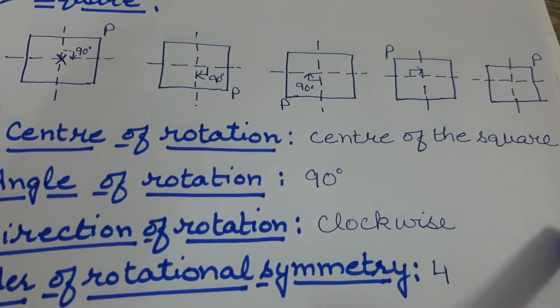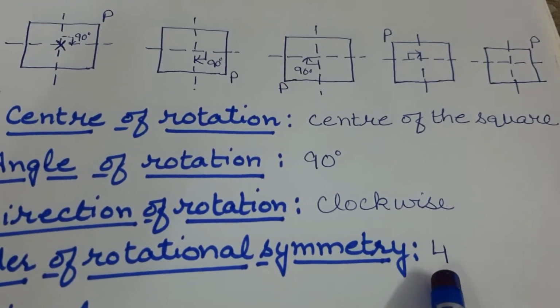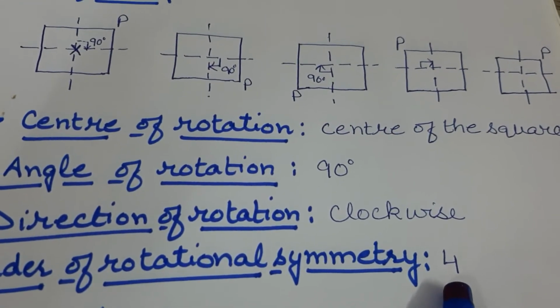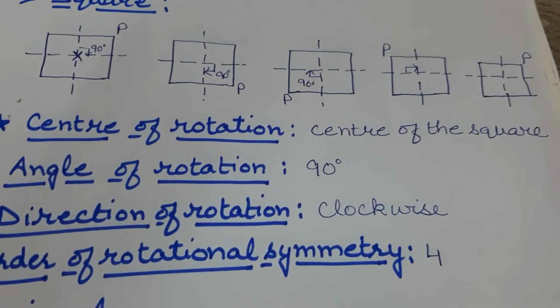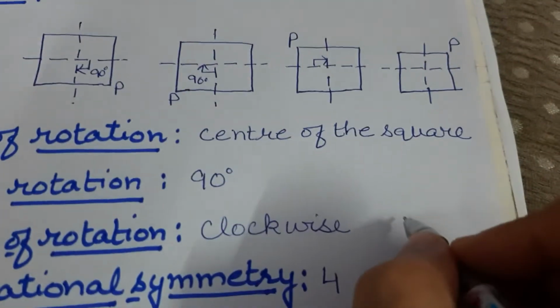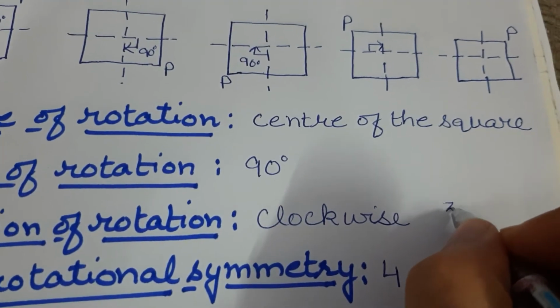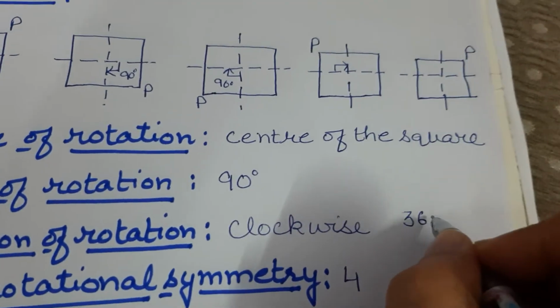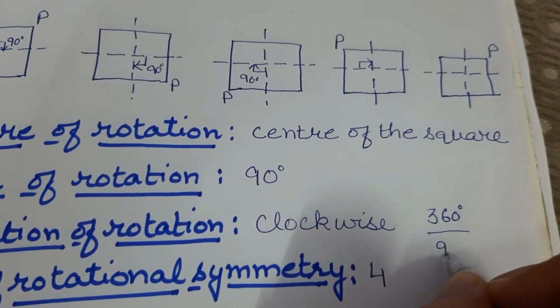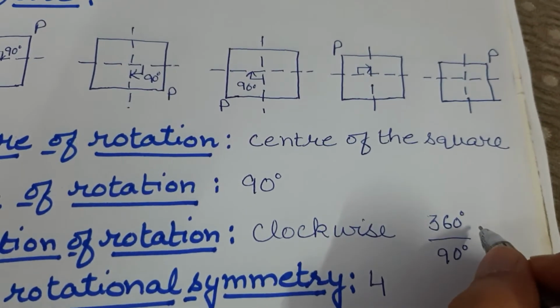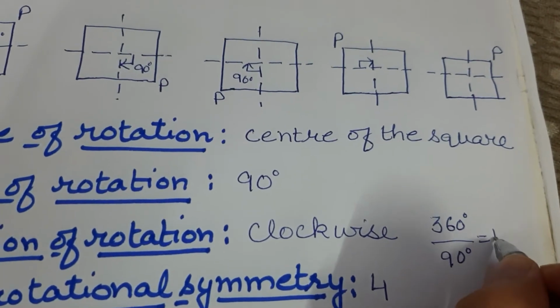So 360 degree divided by 90, you will get your order of rotational symmetry, which is 4.